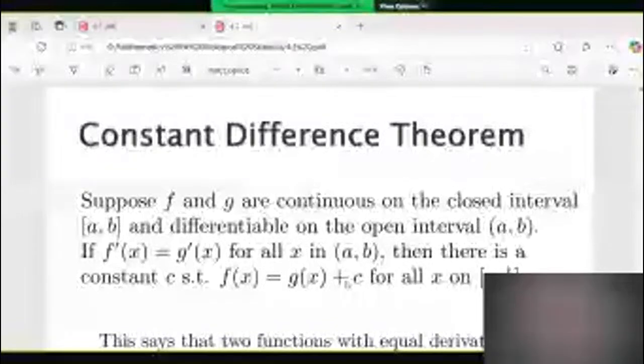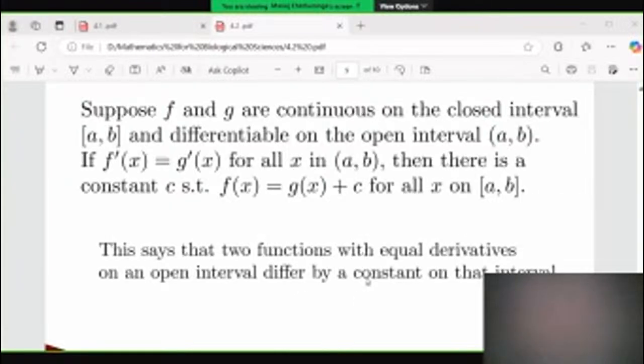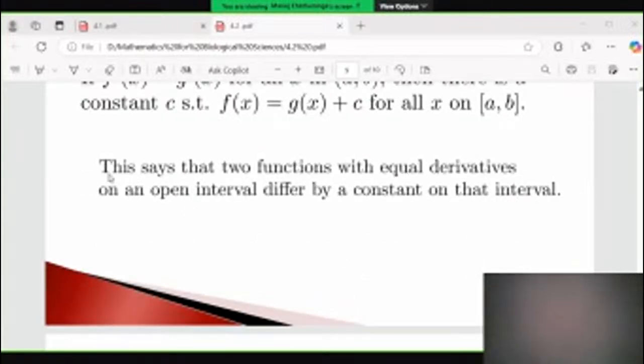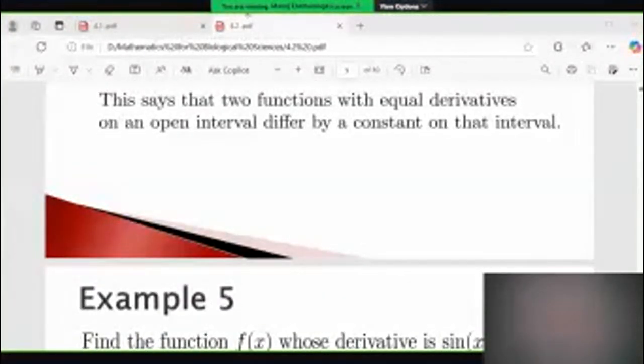So the derivative doesn't change. If derivatives are equal, functions are equal up to a constant. Simply, it says two functions with equal derivatives differ by a constant. Is it clear?